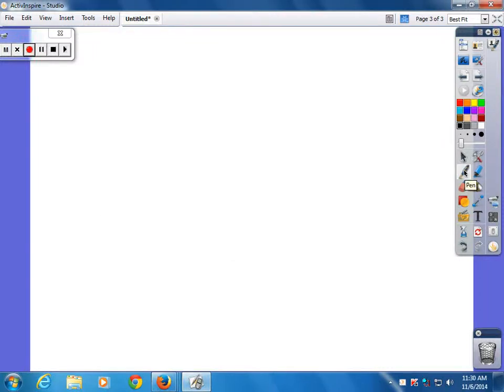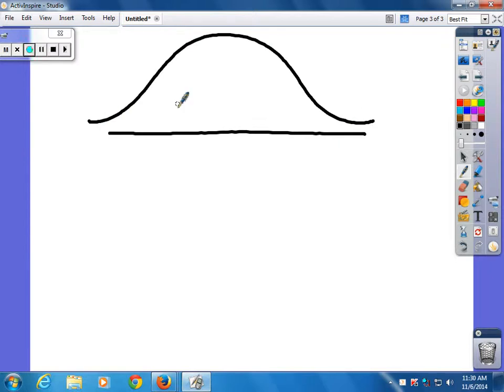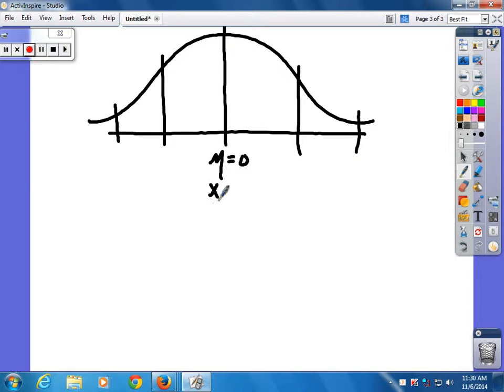Now, the normal distribution: I want to bring back a few things that we talked about from unit 1 up to the last unit. And instead of standard deviations, mu is equal to 0, or x bar is equal to 0, meaning that the center is 0.